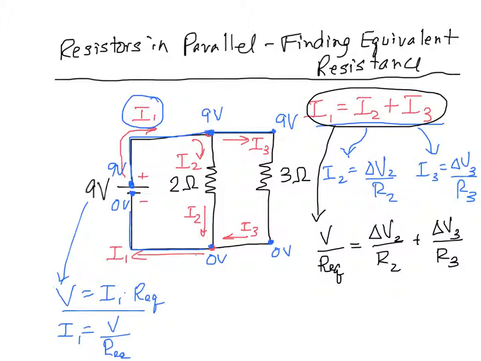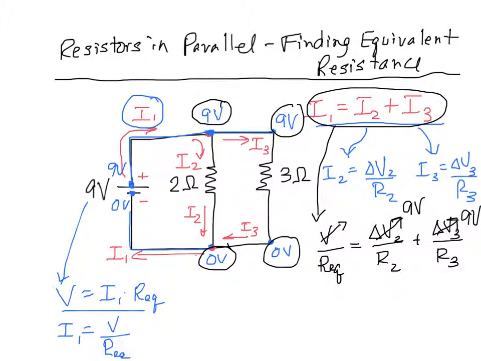But we've already said that the voltage across resistor 3 and resistor 2 both goes from 9 volts down to 0 volts. So delta V2 is 9 volts, delta V3 is 9 volts, and the voltage for the whole circuit is 9 volts.